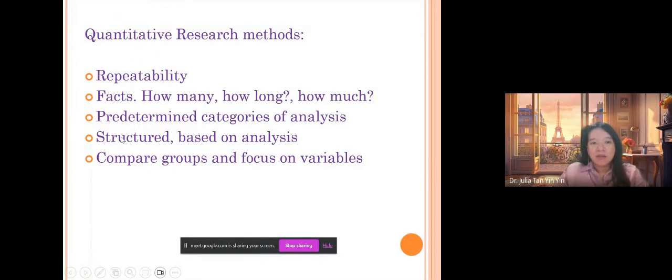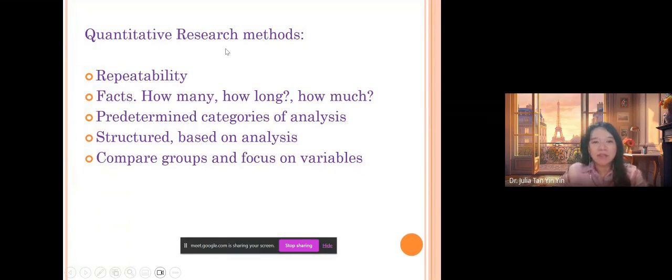It is more structured, based on analysis using computers and numbers. It's more about systems and statistics. Quantitative research also compares groups in numbers and statistics, and focuses on variables. There are a lot of variables in quantitative research.